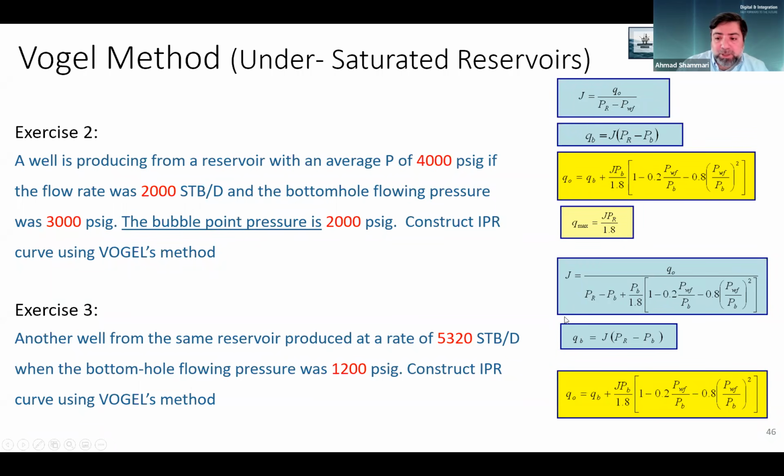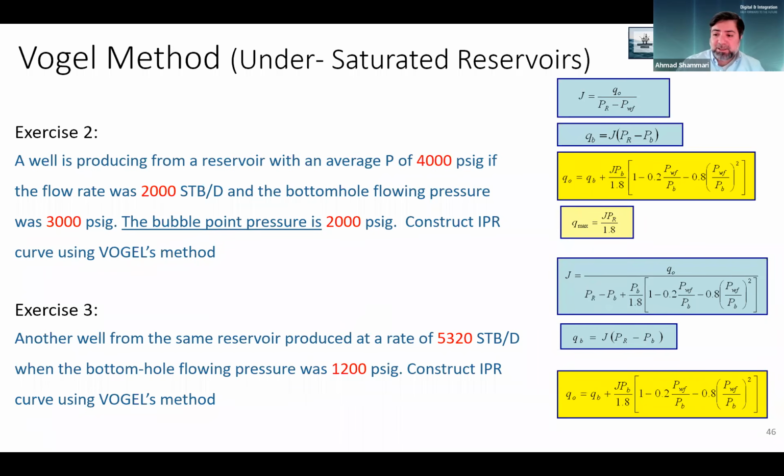I simply say J equals QO, which is 5320, divided by P reservoir, which is 4,000, minus PB, which is 2,000, and then I continue, and I will find J. Then I plug in, calculate QB, and then I can construct my upper curve. It's exactly the same method. The only difference is that we have a different test.